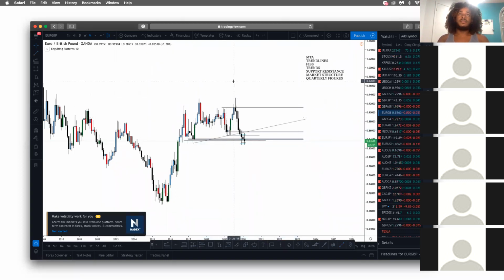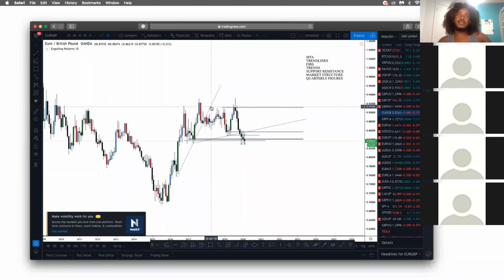Now, I want somebody to tell me why that is where the monthly trend line is. And why is it not here? There wasn't another higher low made?